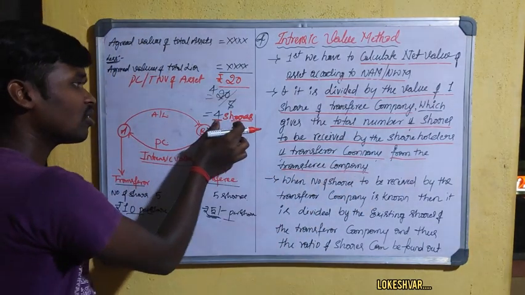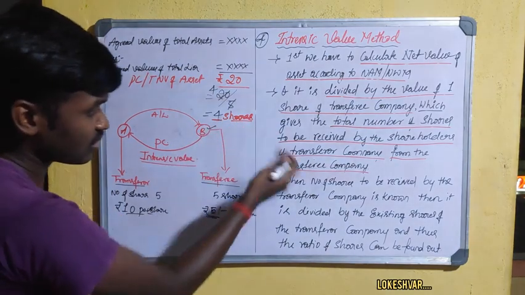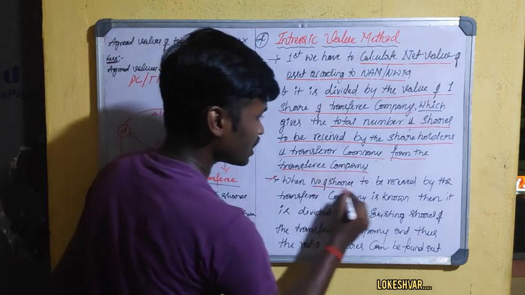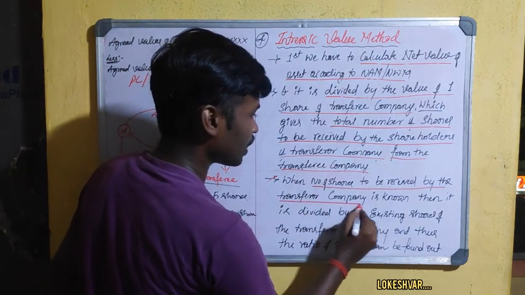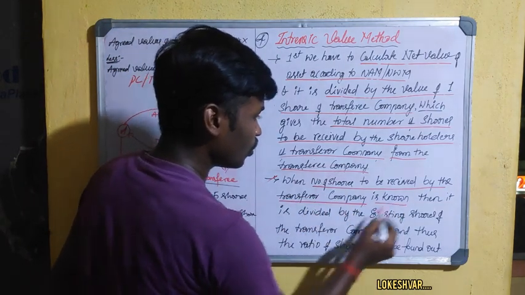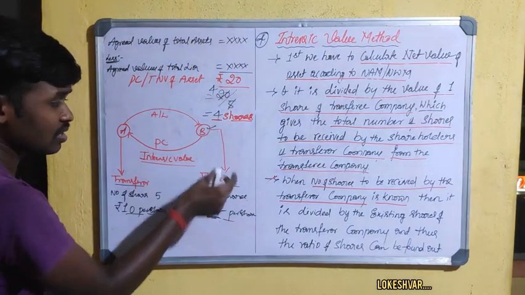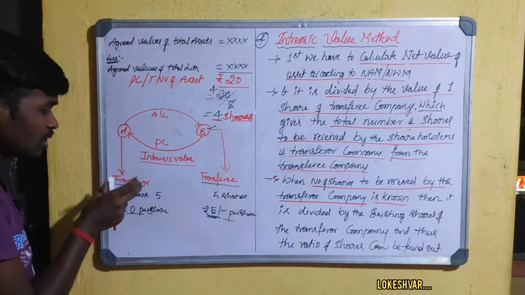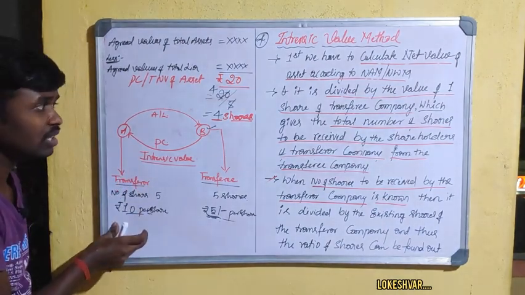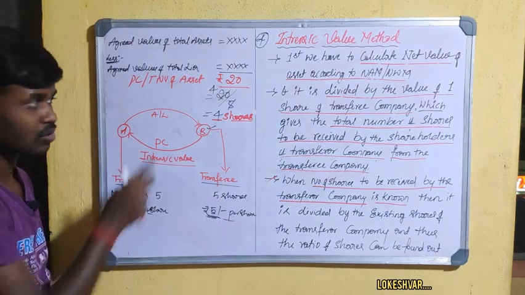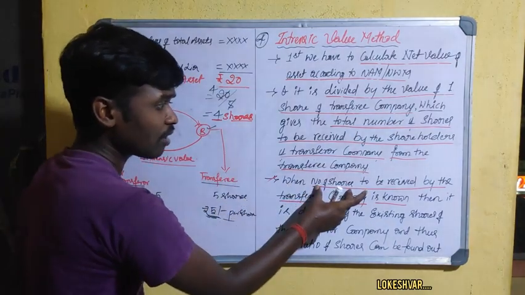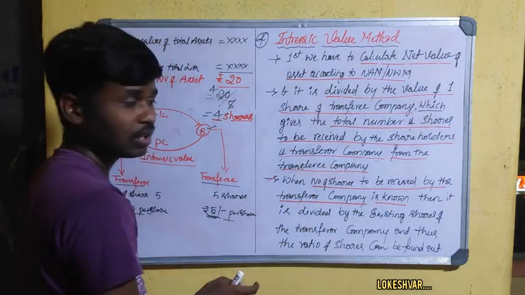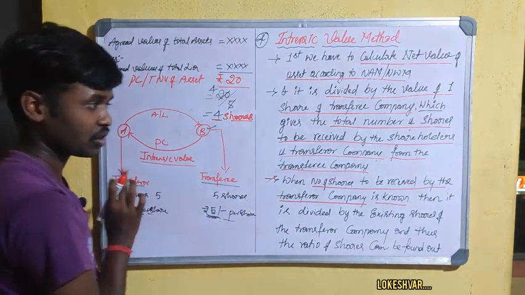After calculating the number of shares, see the next statement. When the number of shares to be received by the transferor company shareholders is known, so this 4 shares is given by the transferee company to the transferor company, right? So ultimately the transferor company shareholders are receiving 4 shares.